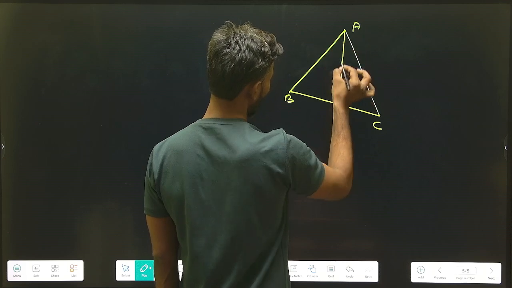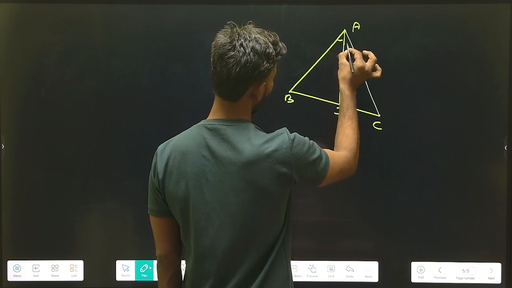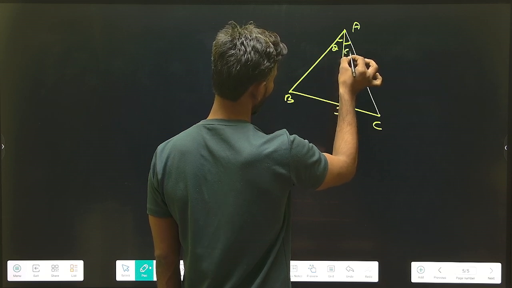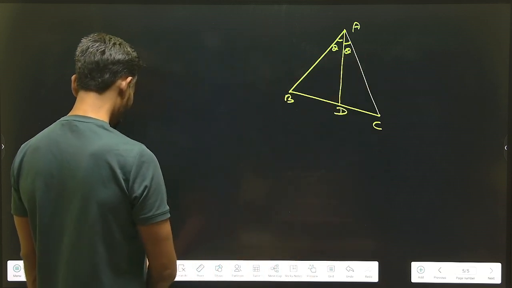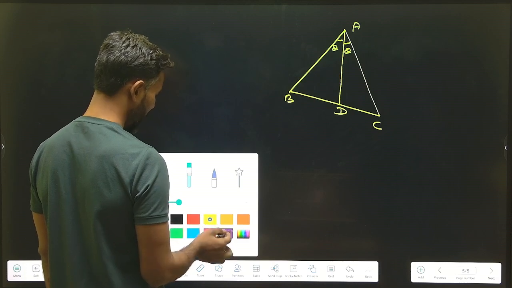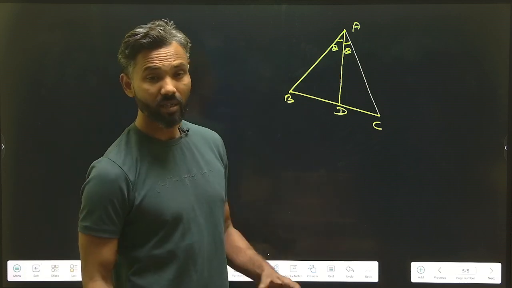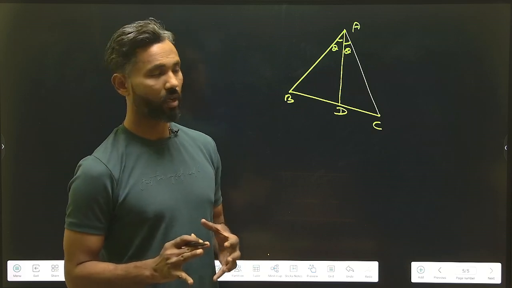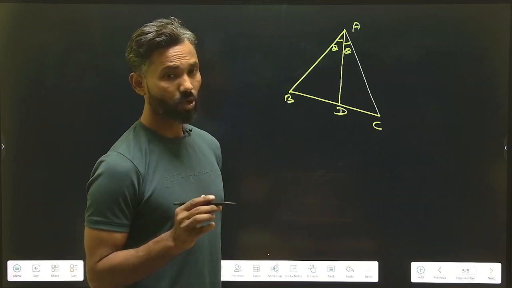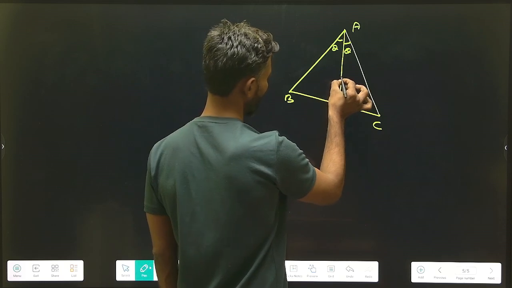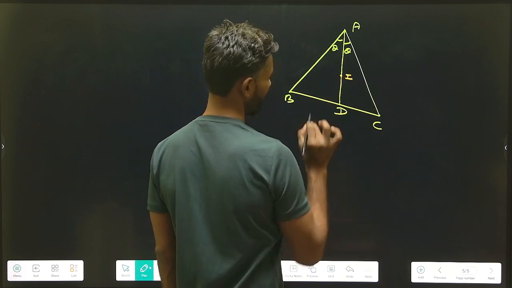It means both parts of angle A will be equal. Suppose this is theta, this will be theta. If AD is the angle bisector, then AD will be passing through Incentre I. So this is Incentre I.